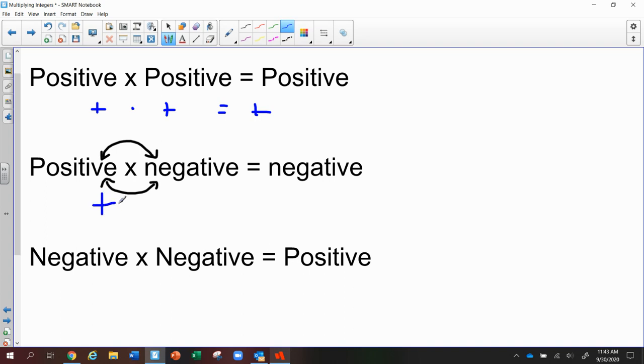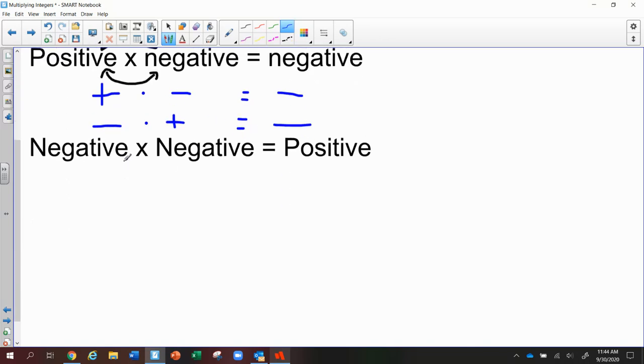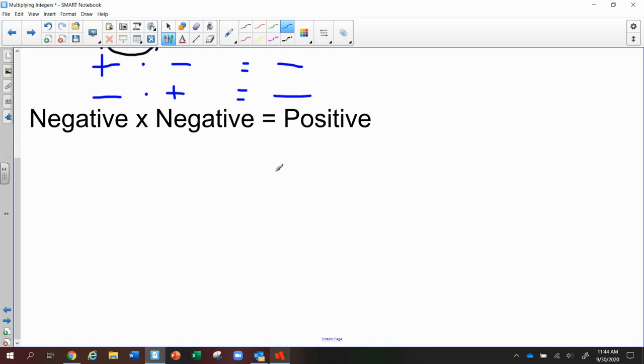So if they are opposite signs, then they are going to give you a negative answer. And then a negative times a negative equals a positive, we just found out that it's wanting the opposite of that negative answer. So we are going to end up in the positive.